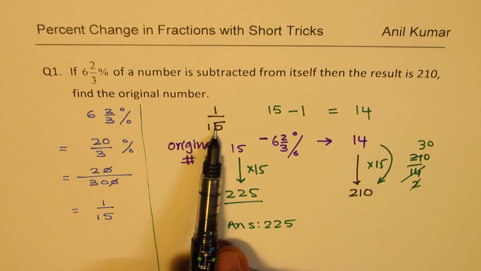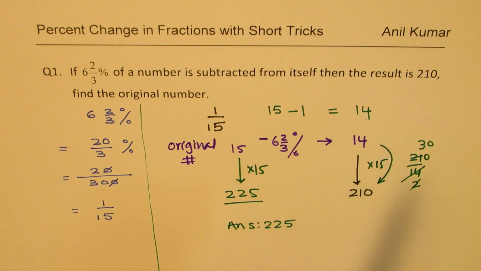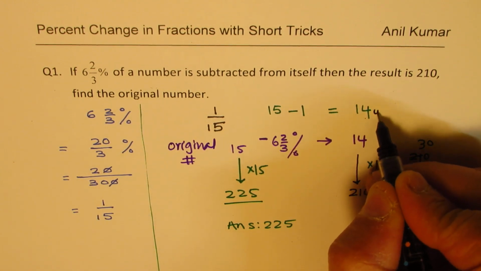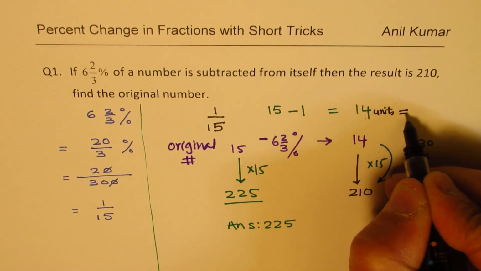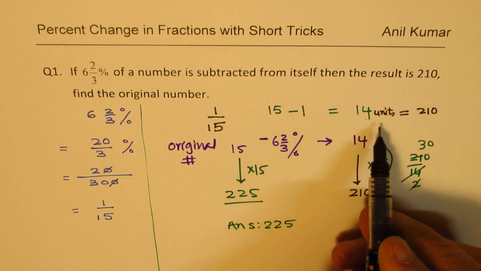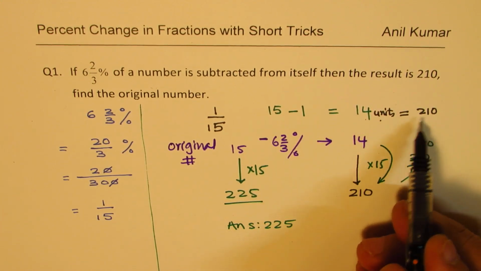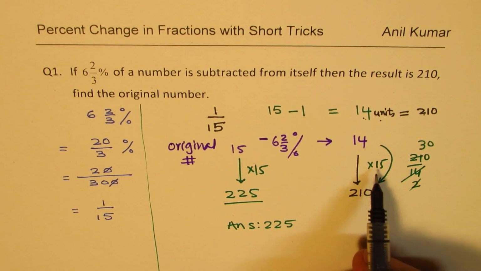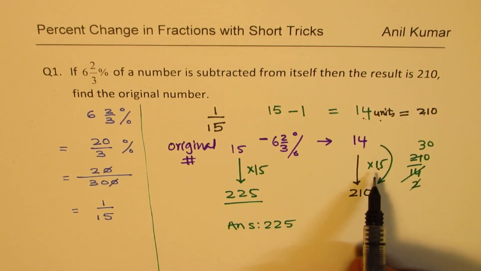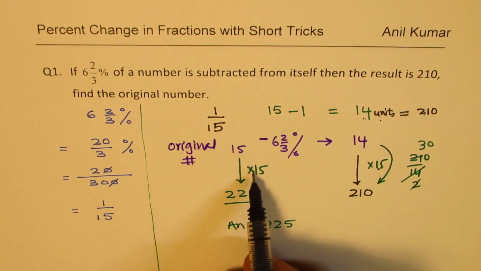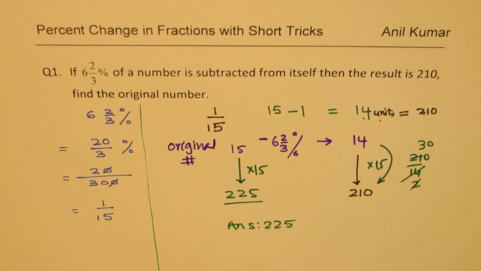So if you decrease 1 from 15, you get 14. Now we are saying that 14 units are equivalent to 210. So each unit is 210 divided by 14, which is 15. So we need to multiply the original number by 15 to get our number. Do you get the idea? So that is how we are going to solve this.